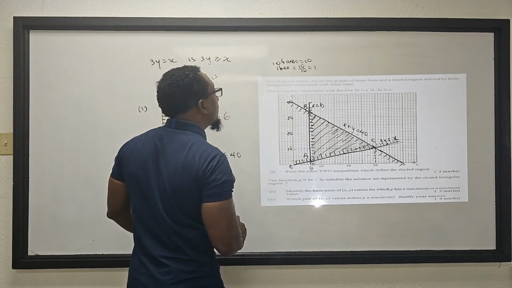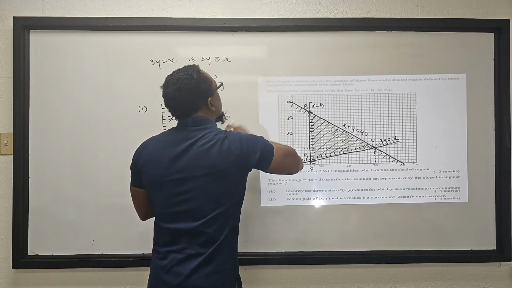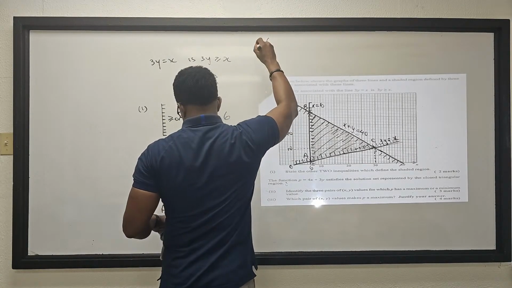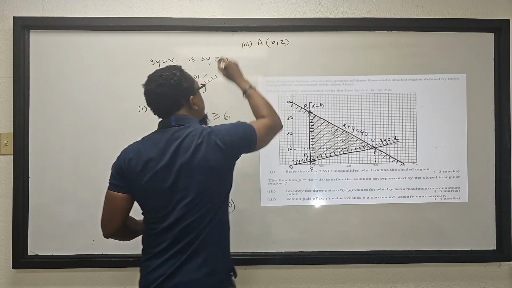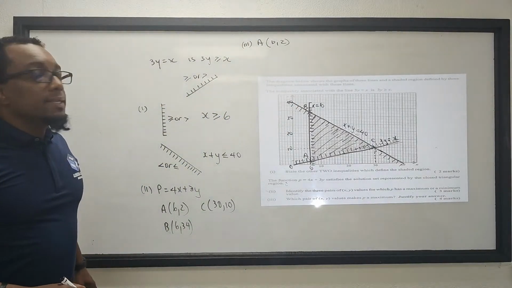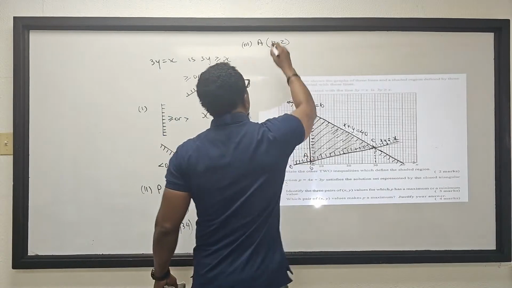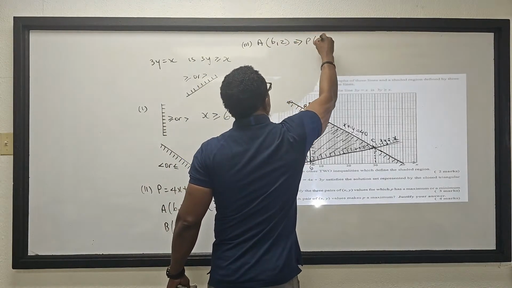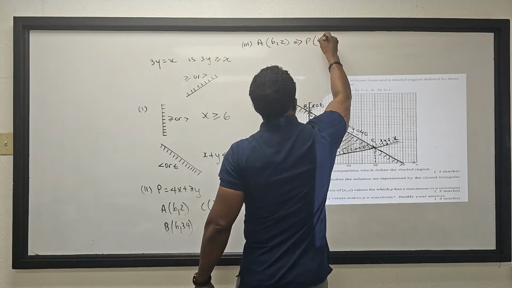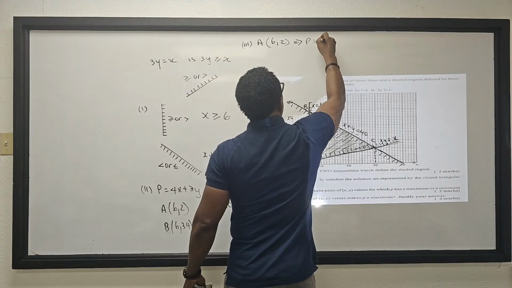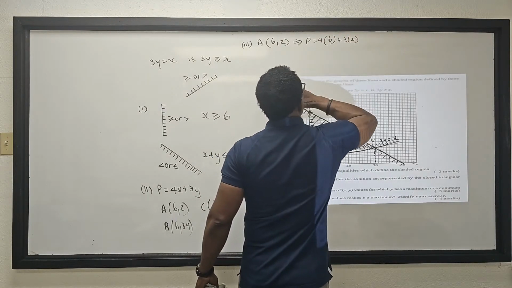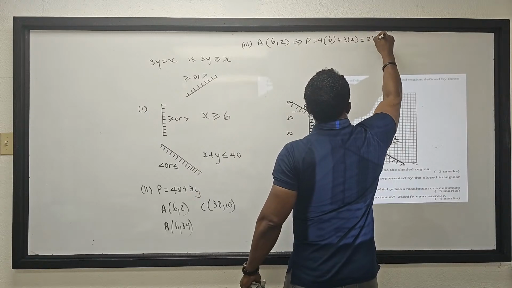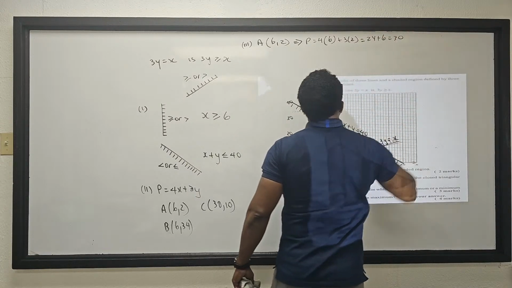Let's try A first, whose coordinates are 6, 2. This is part 3. So A will give us p as 4 times 6 plus 3 times 2, which is 24 plus 6, which is 30.